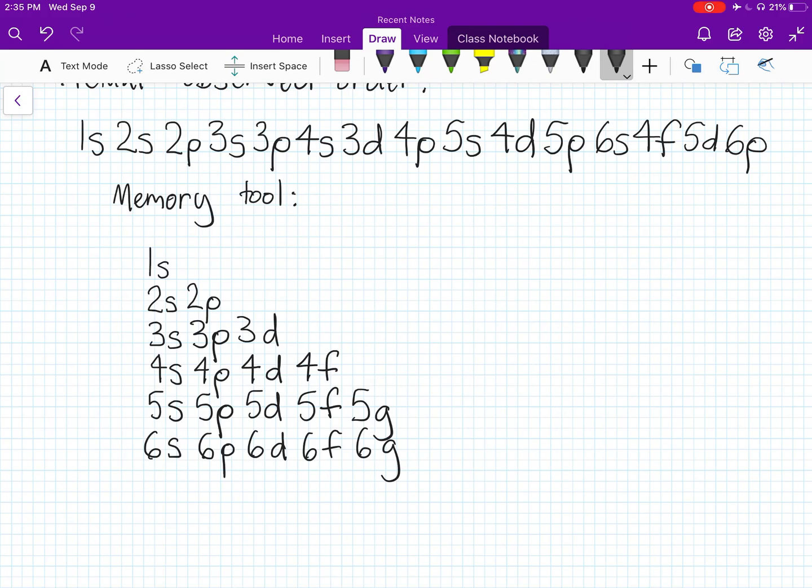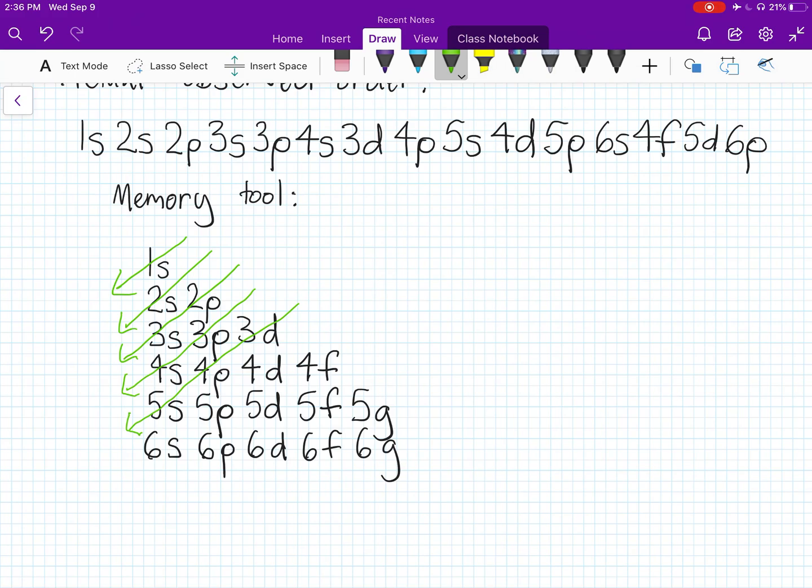etc. Okay, so once you've written that all very neatly, you can draw diagonal lines going down through each slot. This is just a little memory tool that tells you the filling order.